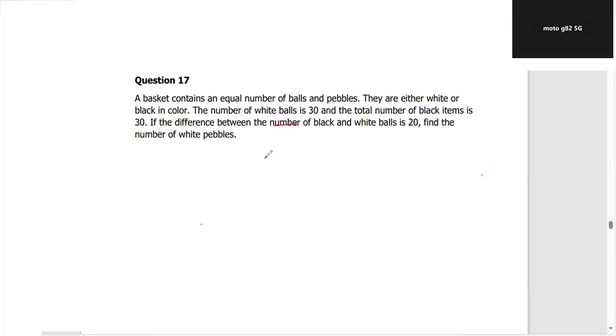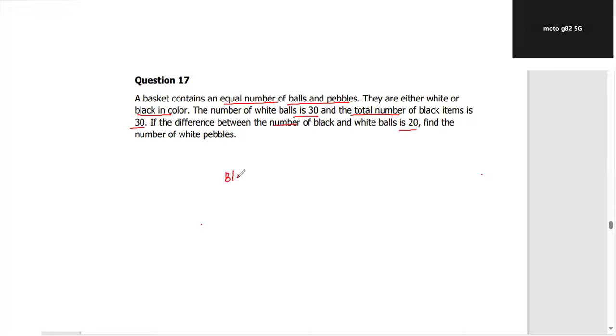Question number 17. A basket contains an equal number of balls and pebbles. They are either white or black in color. The number of white balls is 30 and the total number of black items is 30. If the difference between the number of black and white balls is 20, find the number of white pebbles. So let's see what they're saying.